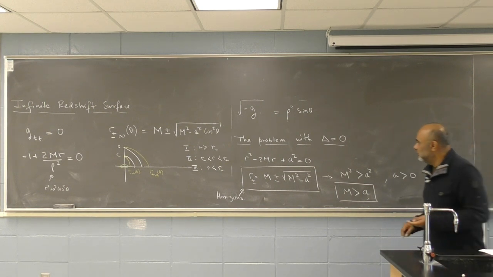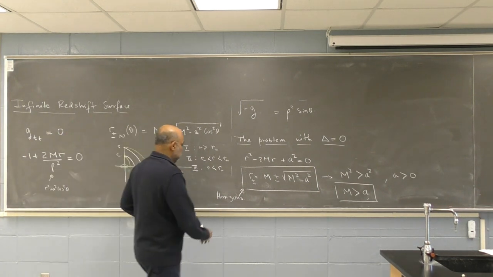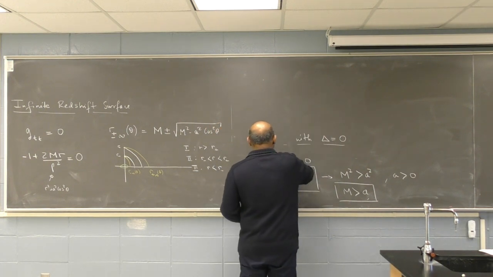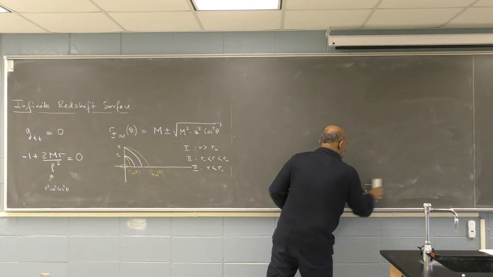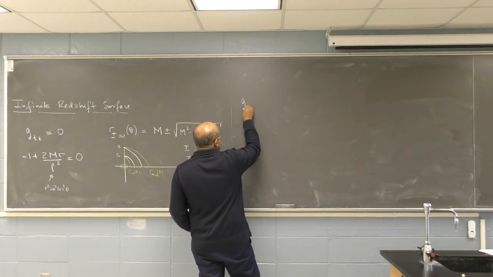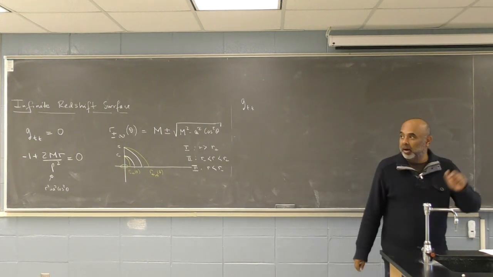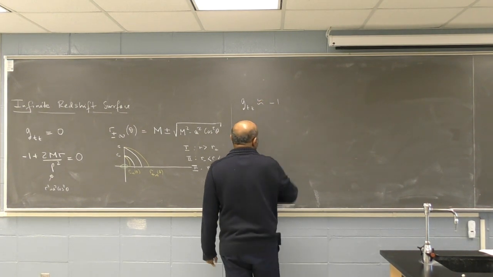And yes, we can already talk about M, the symbol M. Recall from your GR course that g_tt, if you expand in terms of r, goes as, well, it should go as -1.